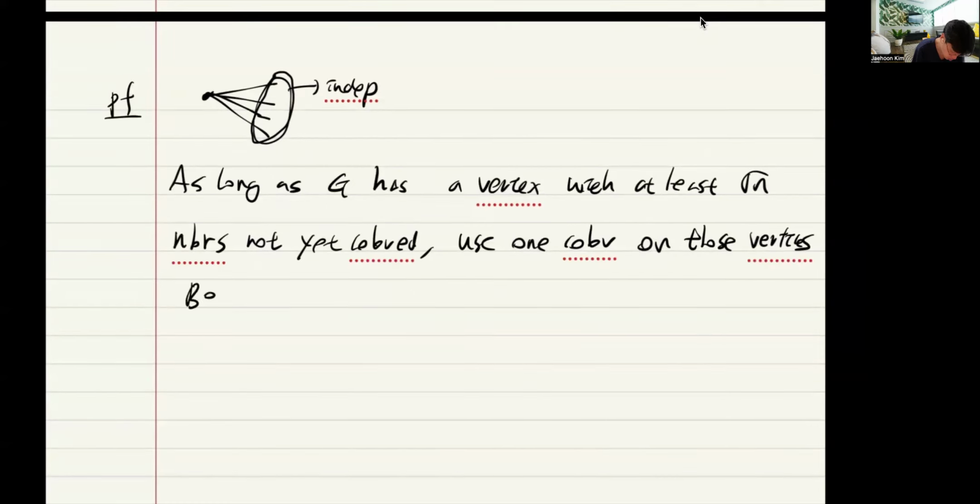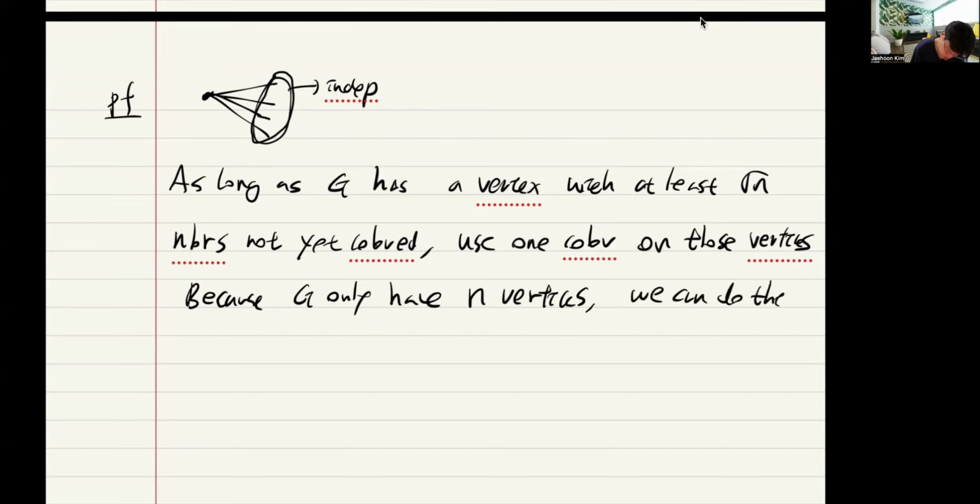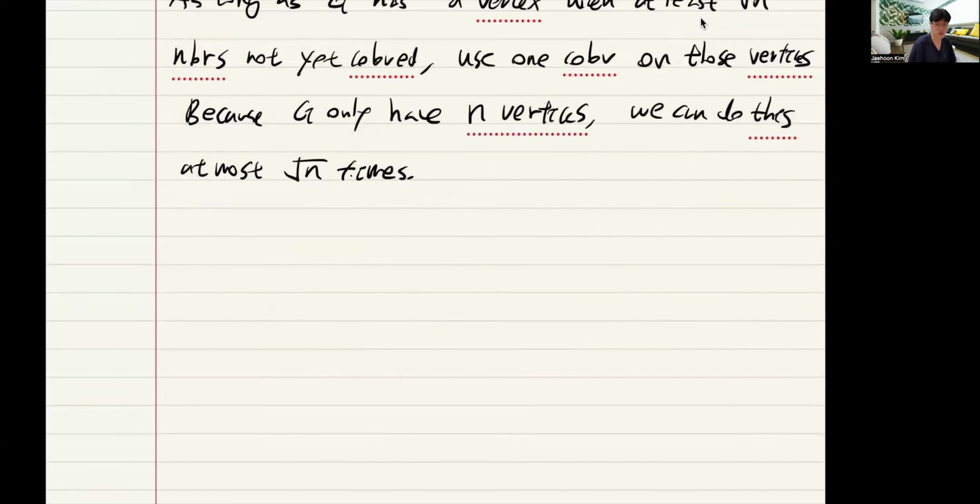Because we only have n vertices, we can do this at most square root of n times. Each time you color at least square root of n vertices, so you can do this at most square root of n times.